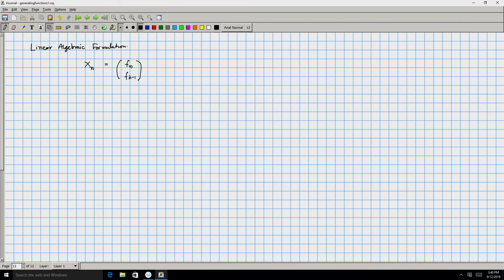So, this pair is what we will denote by a vector of size 2, and note that this vector will be equal to fn minus 1 plus fn minus 2, and fn minus 1 will be just fn minus 1, and therefore, this can be written as the matrix [1 1; 1 0] times [fn minus 1, fn minus 2], because you can say that this matrix A multiplied by this particular vector will give you fn.